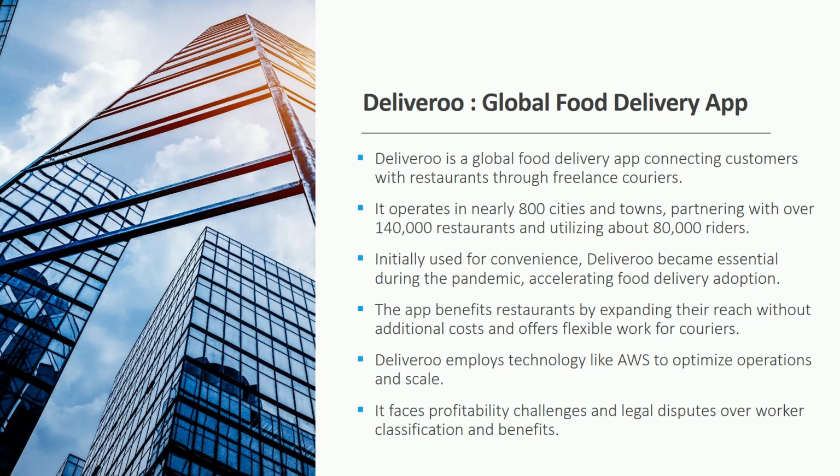Initially used for convenience, Deliveroo became essential during the pandemic, accelerating food delivery adoption. The apps benefits the restaurants by expanding their reach without additional cost, offers flexible work for the couriers, and employs technology like AWS to optimize operations and scale.